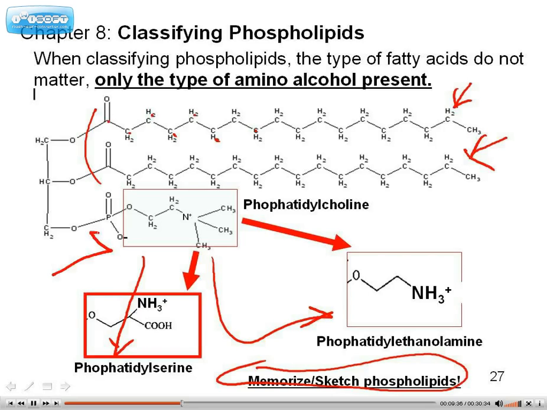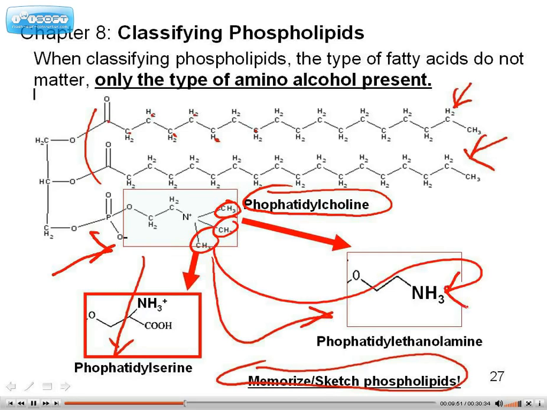So this part you're going to spend a lot of time on. If I ask you to sketch a phosphatidylcholine, then you're going to sketch something very similar, only you're going to remove these methyl groups and replace them with hydrogens.